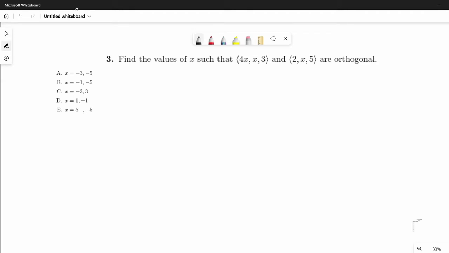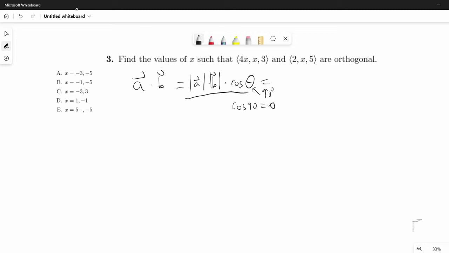That is because the dot product of, let's say, A and B takes the length of A times the length of B times the cosine of the angle in between. If it's orthogonal, that means the angle in between will be 90, and cosine of 90 is 0, so this whole thing is 0.